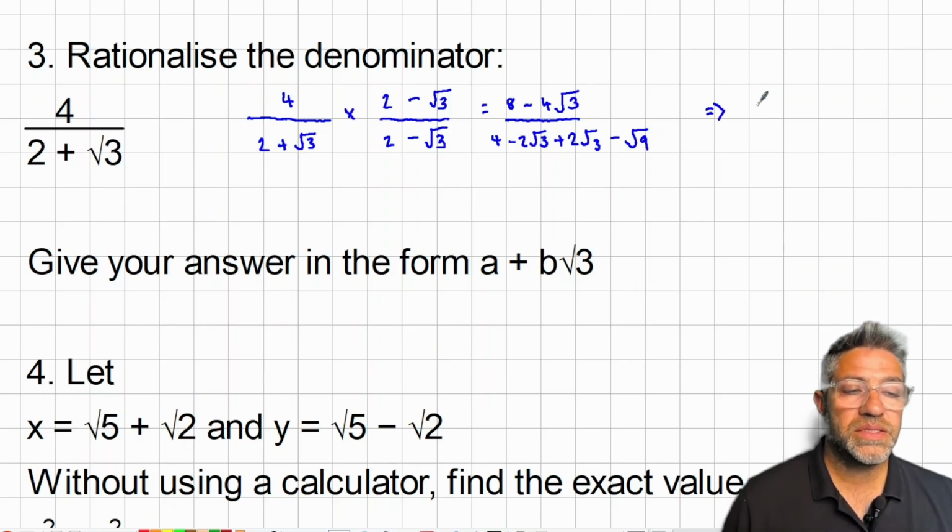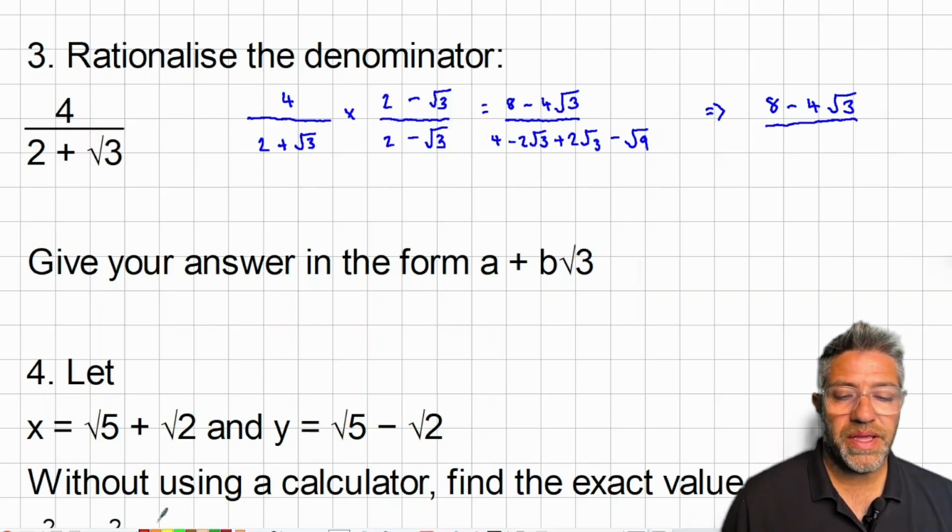Now let's start to tidy things up. Well, we can't do a lot with our numerator for now. 8 minus 4 root 3. However, let's look at this denominator. Well, I'll take my different coloured pen again, just for consistency and clarity. Minus 2 root 3, add 2 root 3 will cancel out. And that will leave us with 4 subtract the square root of 9.